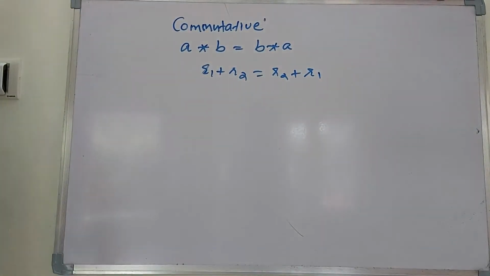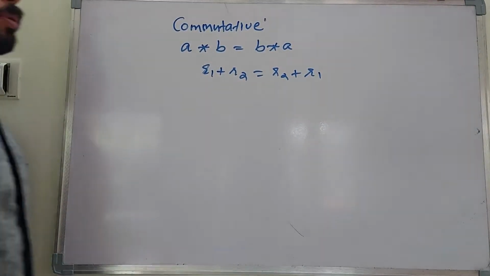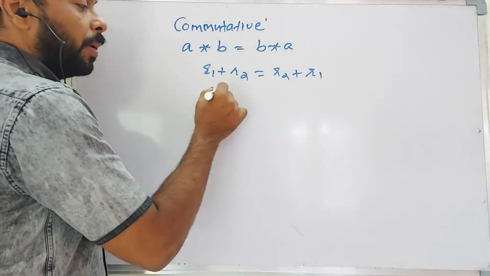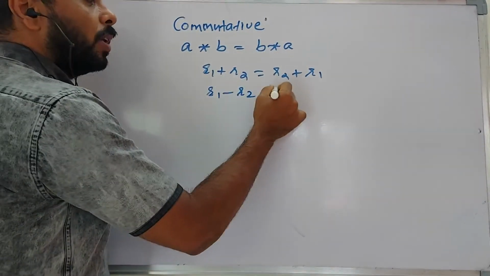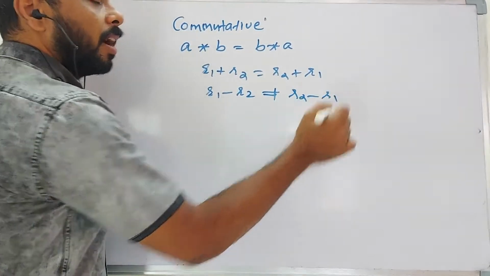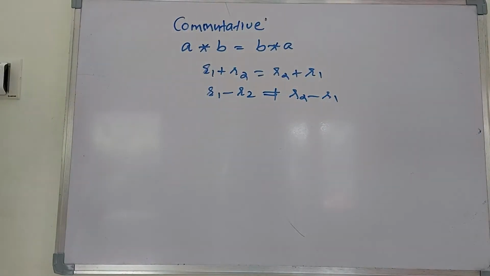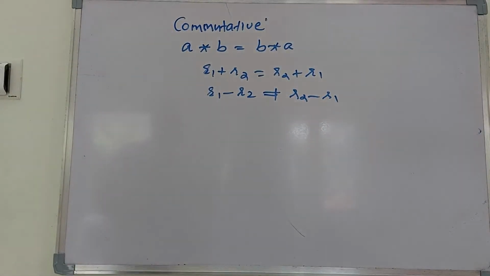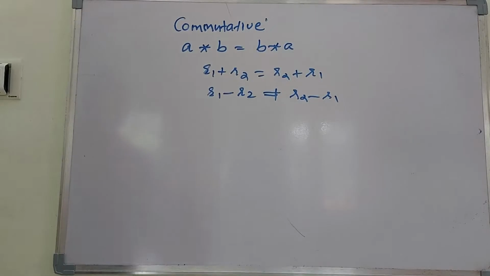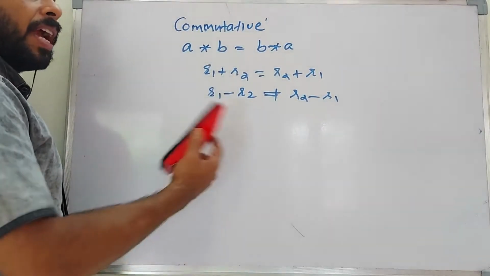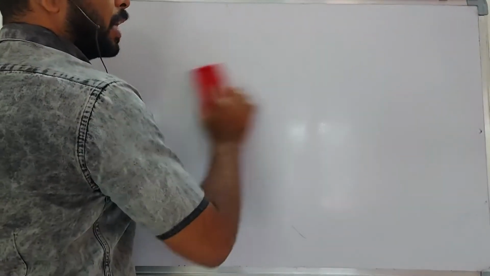But subtraction is not commutative in the set of real numbers because R1 minus R2 is not equal to R2 minus R1. So the operation star is said to be commutative if for any two elements A and B, A star B equals B star A.